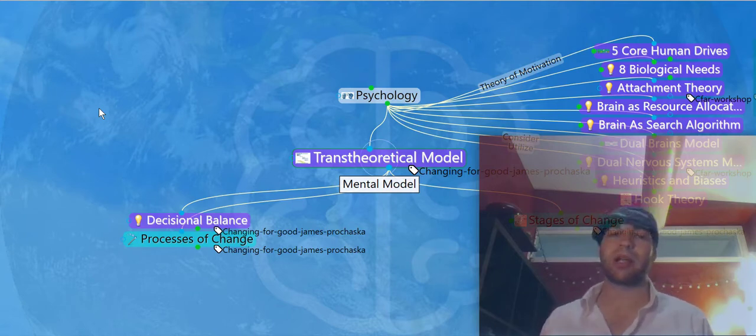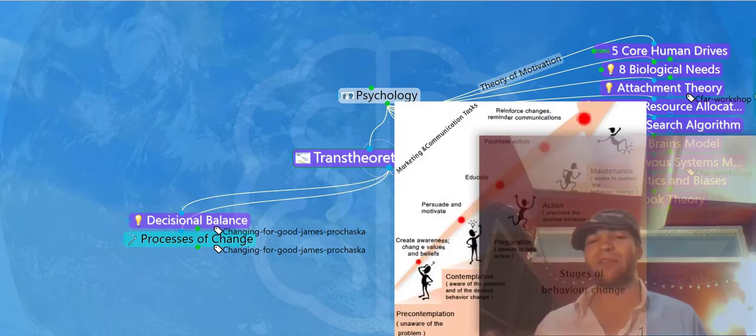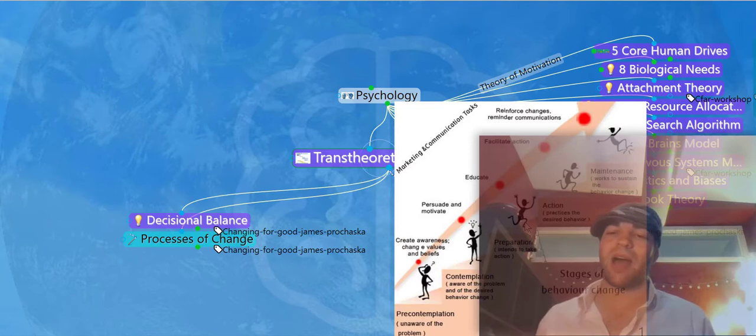So James Prochaska came up with a theory about different stages of change, based on interviewing people and trying to identify these different stages. He came up with 5 different stages of change.